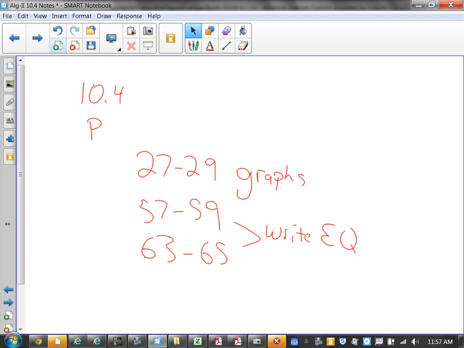It's so much easier to visualize the parts if you have a picture. If I could get your page in your book, what page does that start on for 10.4? It's like 612. Oh, it's 613, I think. It starts on 612, guys.